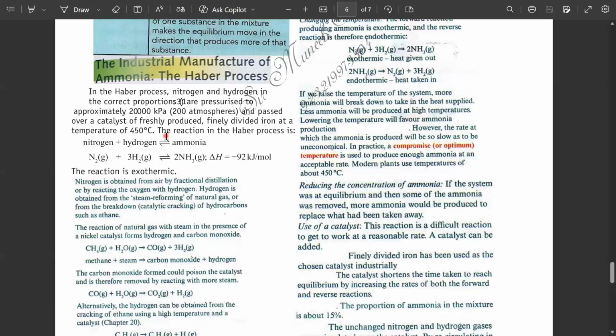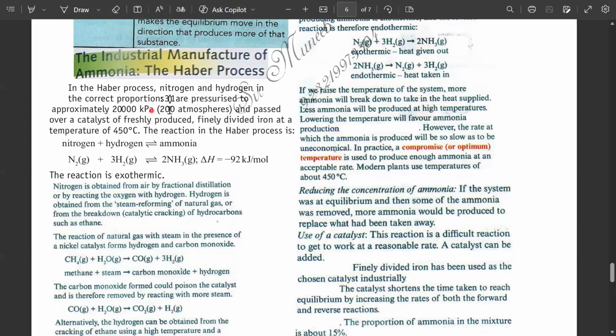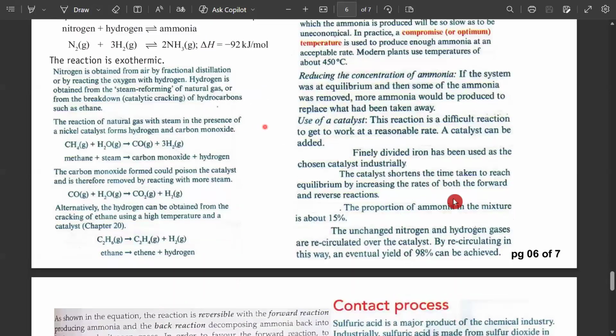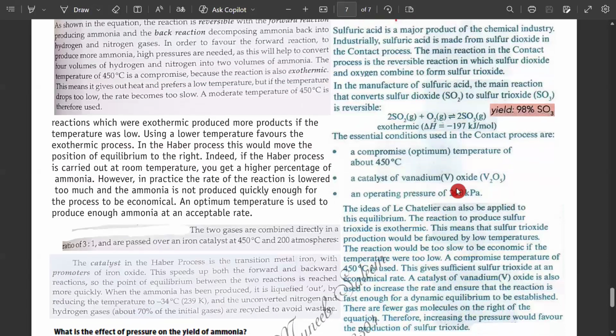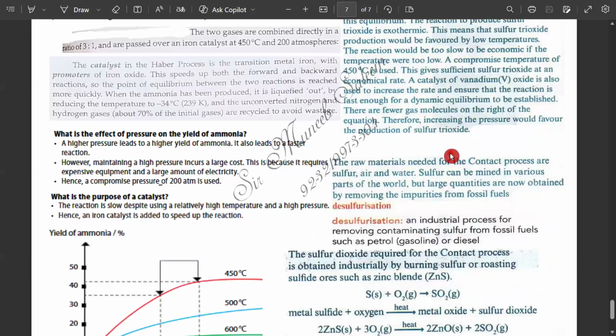According to the literature, the pressure associated with the Haber process is equal to 200 atmospheres. For the contact process, a pressure of 1 or 2 atm is required.